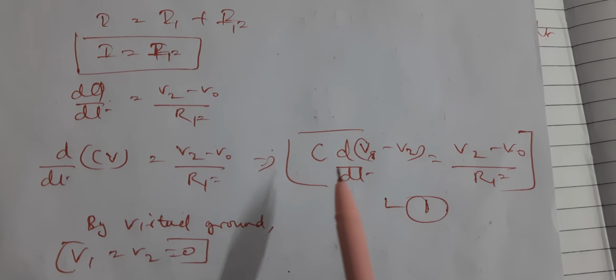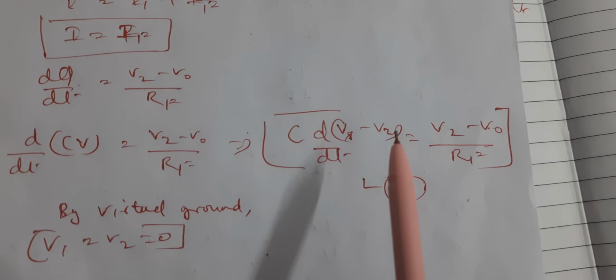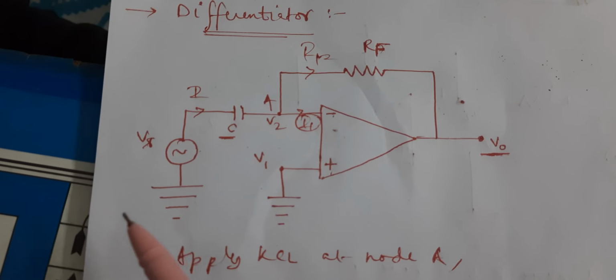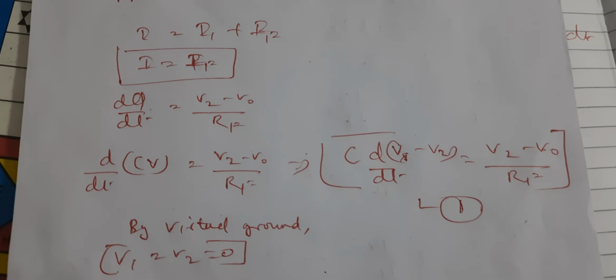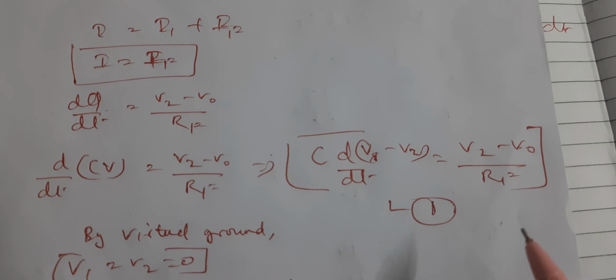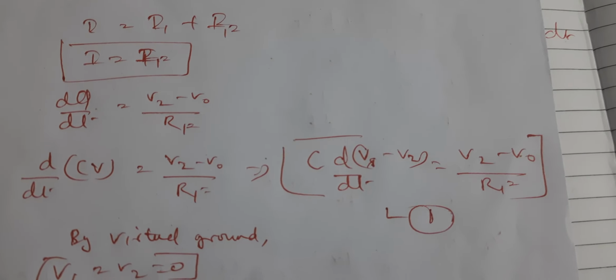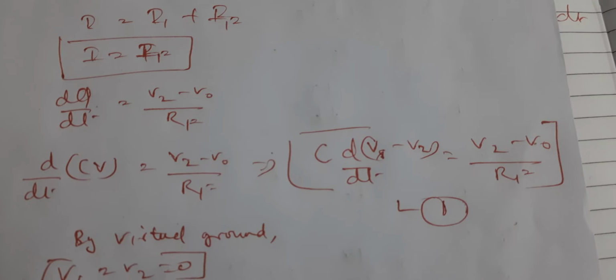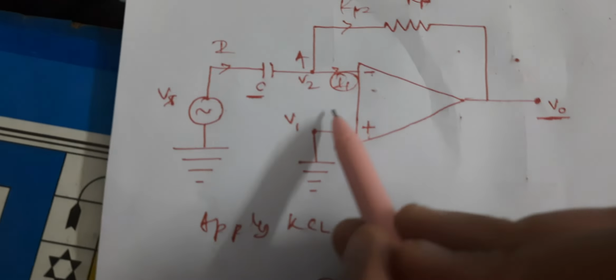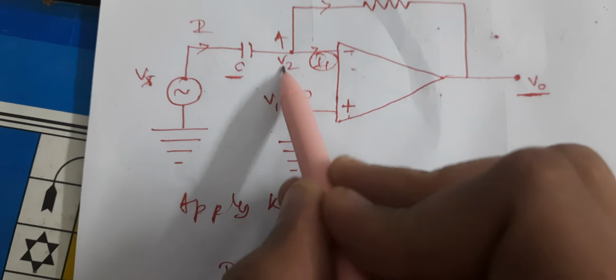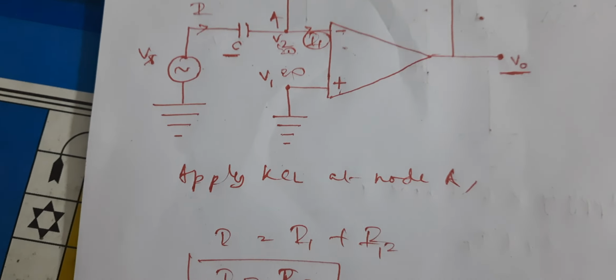So we get C d by dt of Vs minus V2, since V will be Vs minus V2 for this capacitor, is equal to V2 minus V0 by RF. Numbering this as equation 1. By the concept of virtual ground, if this is equal to 0, then this will also be equal to 0.